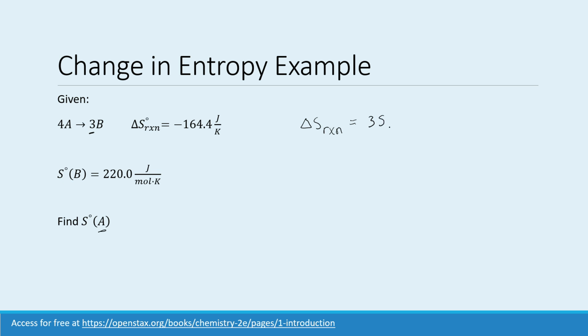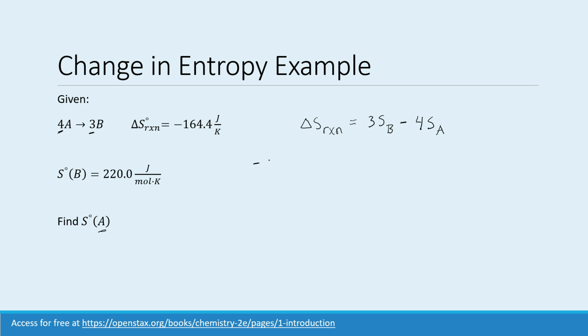So we have 3 moles of B, which means it's going to be 3 times the standard molar entropy of B minus the 4 moles times the standard molar entropy of A.